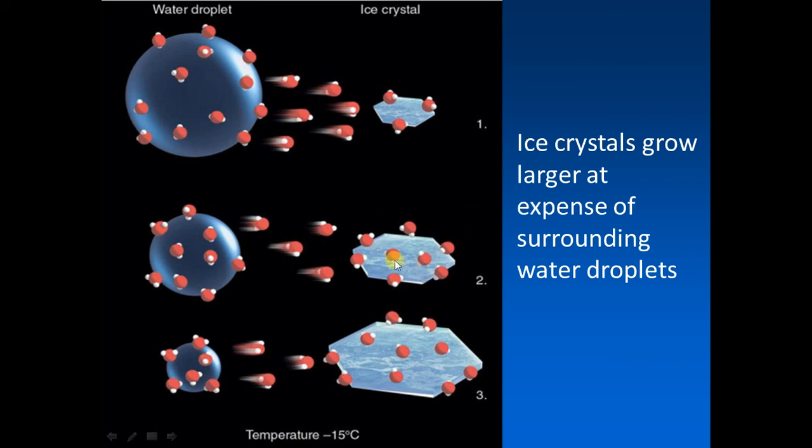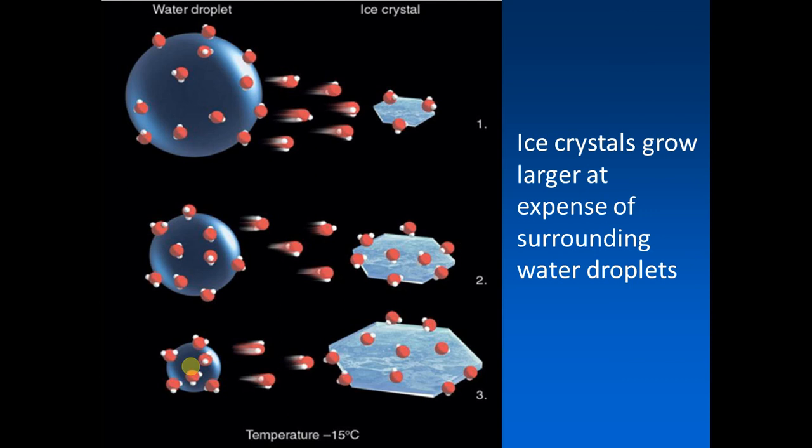Basically, the water vapor deposits onto it, and so the ice crystal grows larger. But then you're taking away vapor molecules around the water droplet, so now its evaporation exceeds the condensation, and therefore the droplet becomes smaller. The droplet grows smaller while the ice crystal grows larger. And so the ice crystals grow at the expense of the surrounding water droplets.